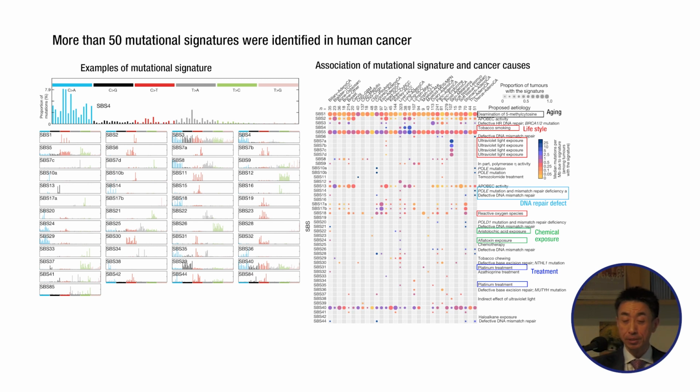And as I said, each mutation signature is linked to a specific cause, for example aging, lifestyle including smoking or UV exposure, DNA repair deficiency, some chemical exposure, or even treatment. For example, chemotherapy causes a specific mutation signature.